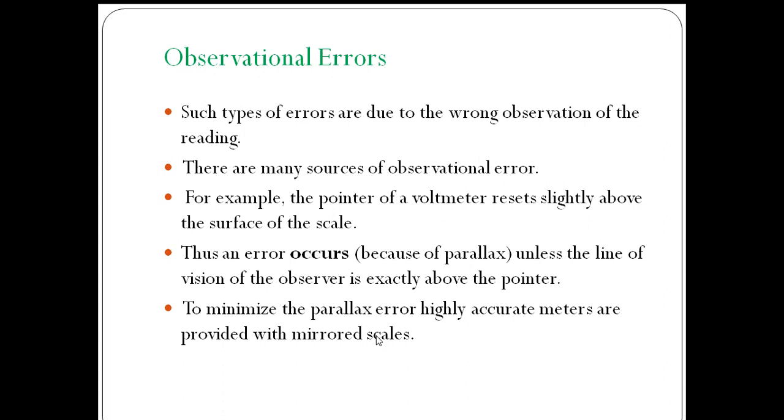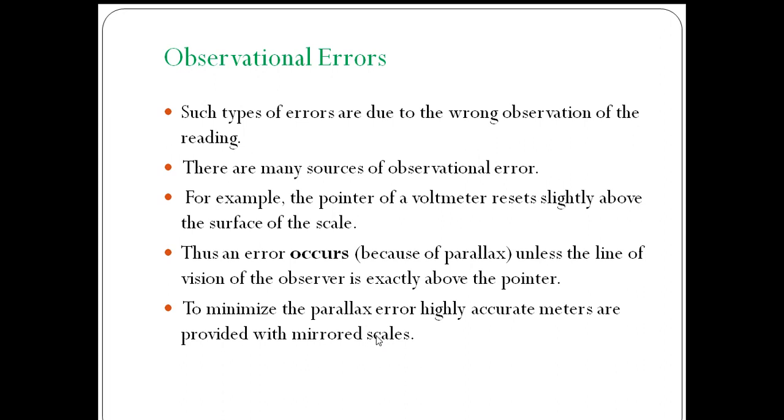So observational errors are errors which are due to wrong observation of the reading. The meter is perfect, but as we are not observing in a proper manner, these errors are present. Observational errors occur due to many sources.